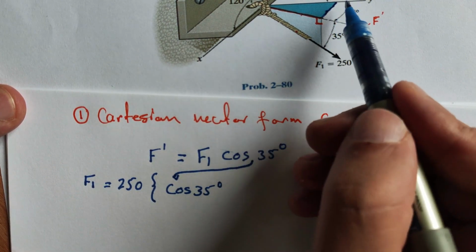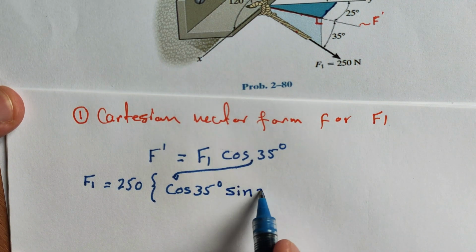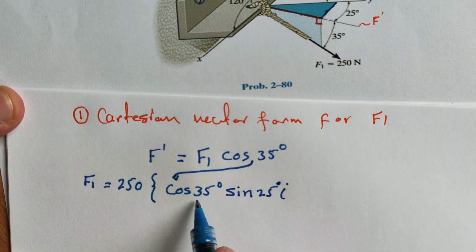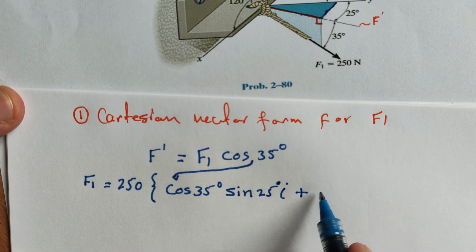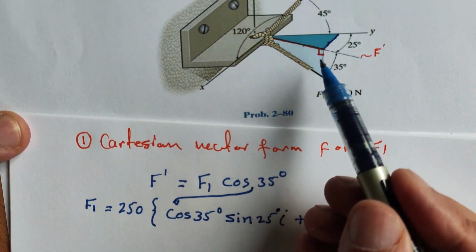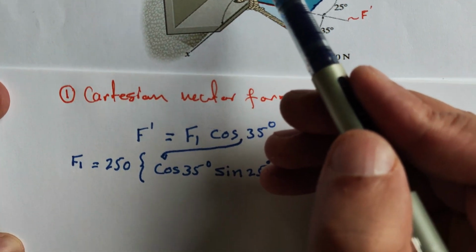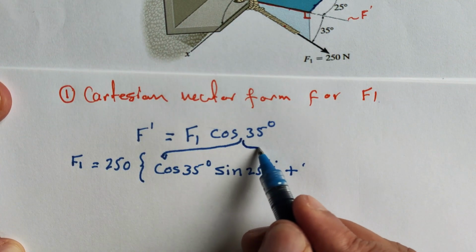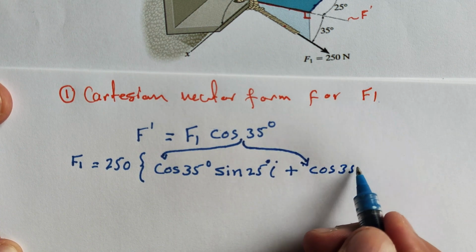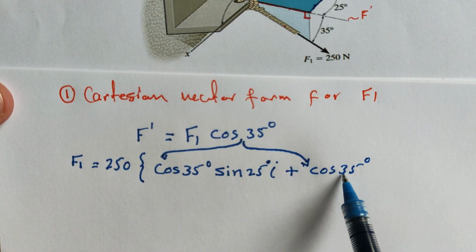So we multiply by sine 25 degrees i. This is the i component. Plus, when it comes to j, since j is on the Y axis and still shared with F prime, we share again with cos 35 degrees.